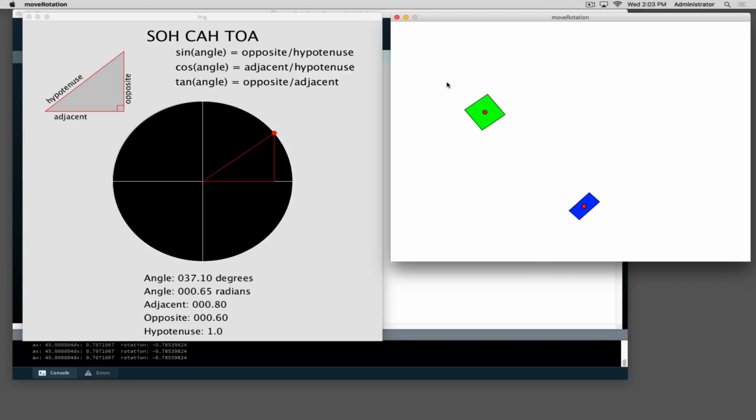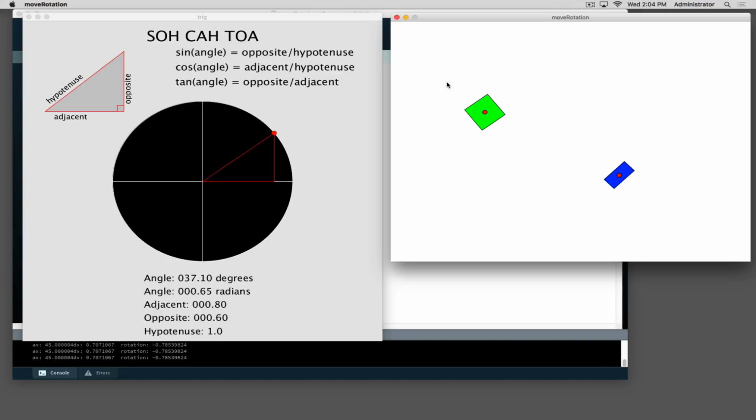If we look at the red triangle, you will see that the red triangle has a horizontal component, it has a vertical component, and it has a diagonal component. Now my player, the blue box, is moving on that diagonal. So every frame I tell it to move a little bit horizontal and a little bit vertical while it's rotated at a particular angle. That is all that's happening.